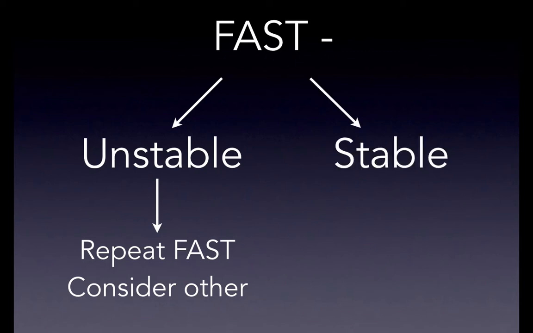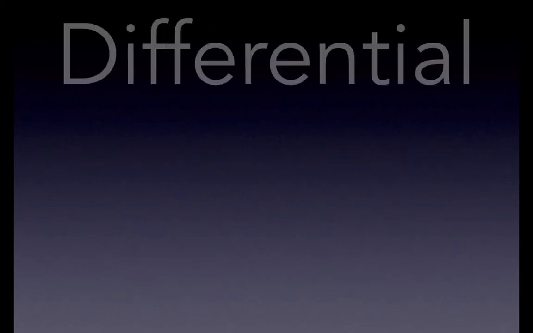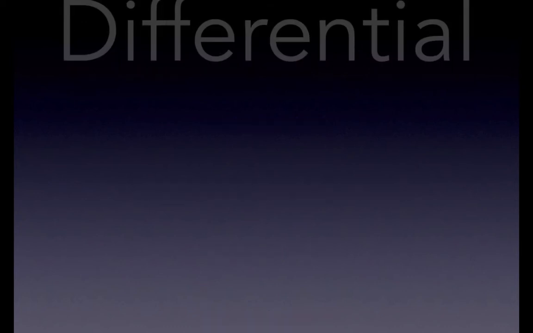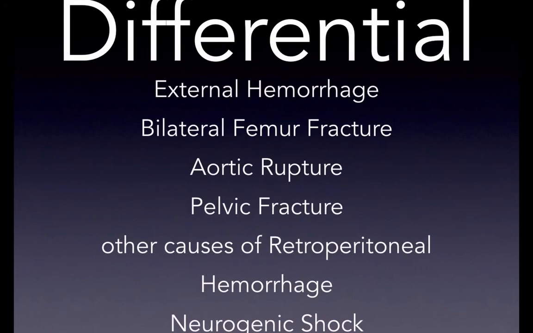If you're stable, you can observe the patient. And again, differentials that could cause your patient to be in trouble: tamponade, tension pneumothorax, hemothorax, and all these other things could be causes of hypotension. But always think that in the setting of trauma, hypotension is caused by hypovolemic shock.